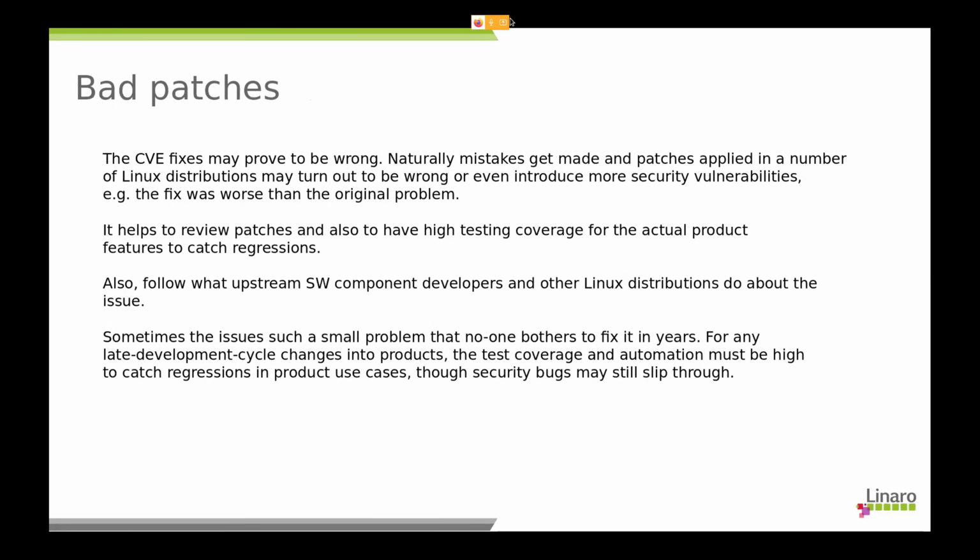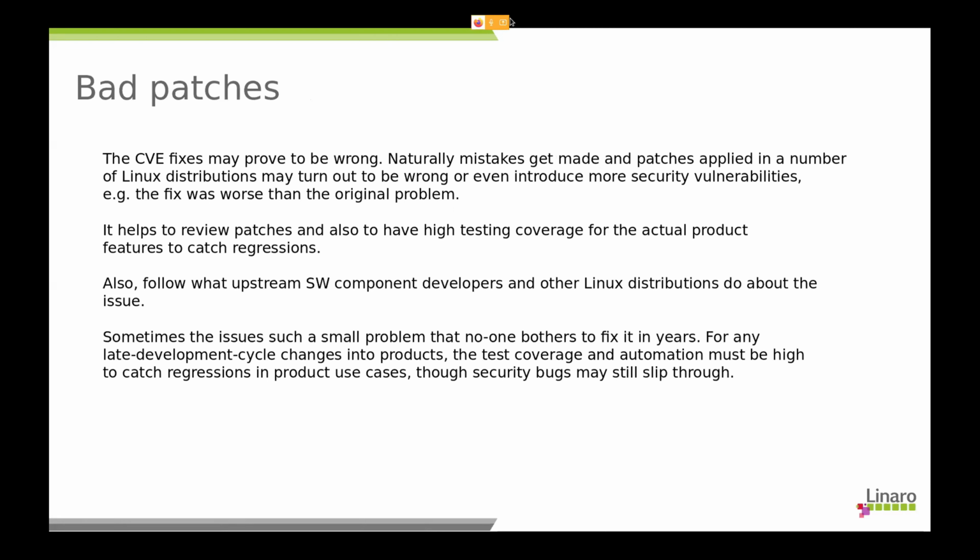Yeah, naturally, patches can be bad as well. They can be wrong, they can have mistakes, they can actually cause more security issues than they were trying to resolve. So just applying the patches may not be the only thing to do to fix security issues. Sometimes these issues take years or even decades to fix.